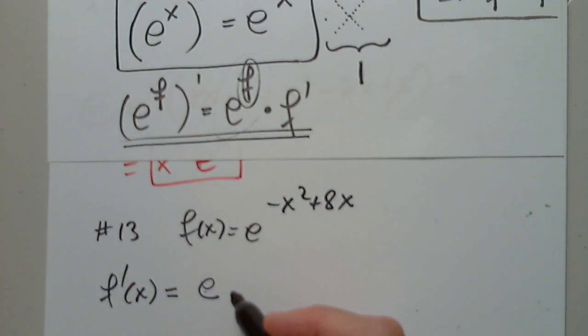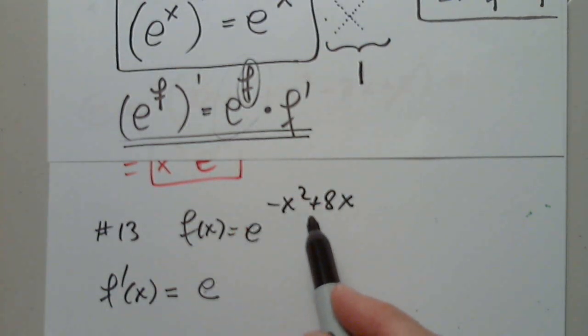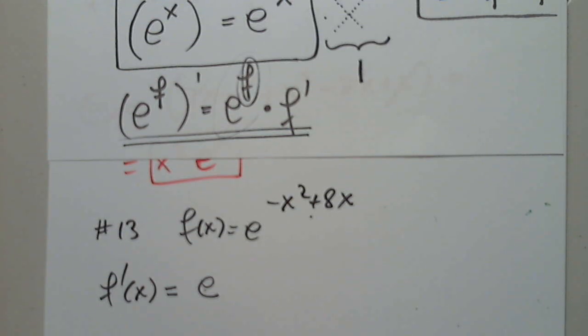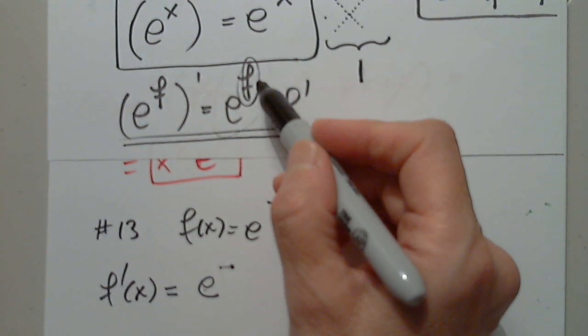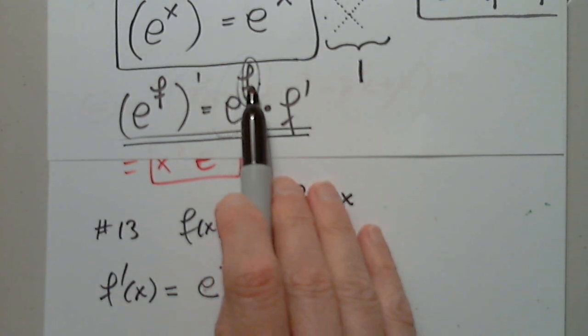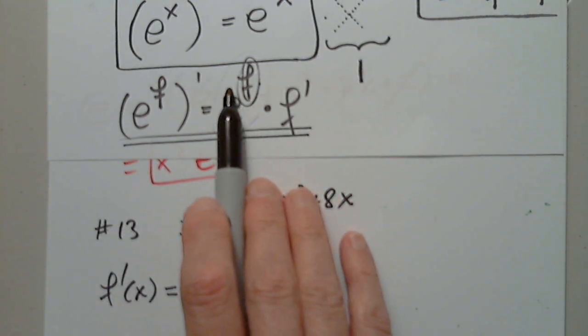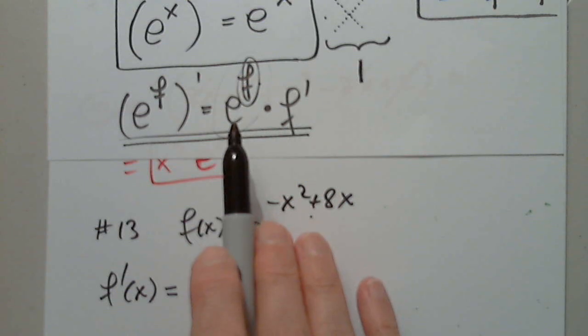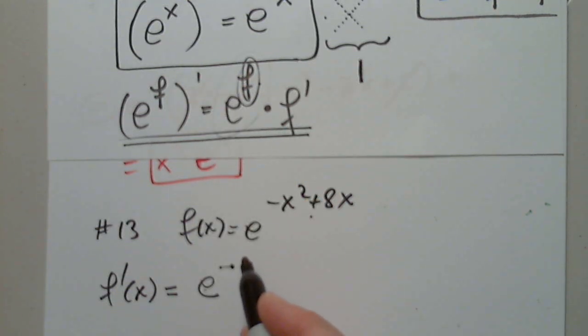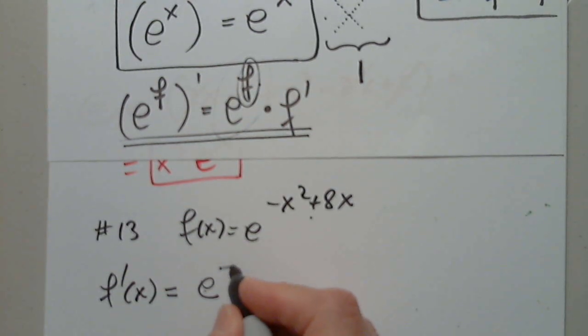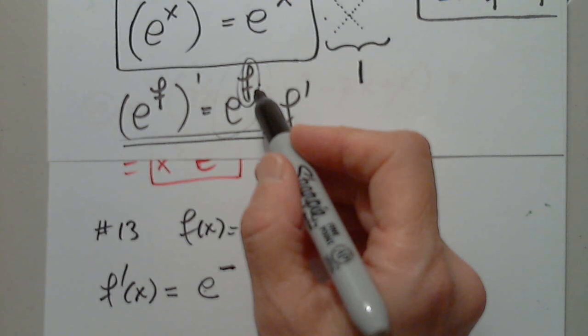E to the 2x. Yes. We're not differentiating anything here. It just says e to the f. It doesn't say e to f prime. It says e to f. Oh, negative x. It says e to f.